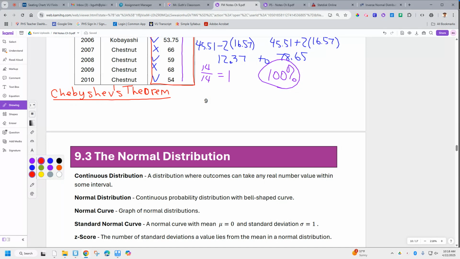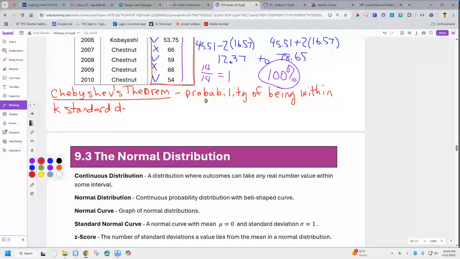It's going to give us the probability of being within K standard deviations from the mean. Okay, there's more, but let's just get that.